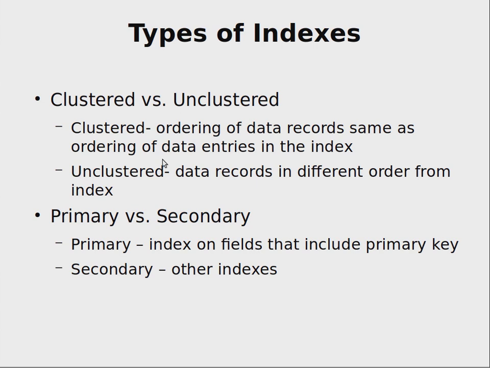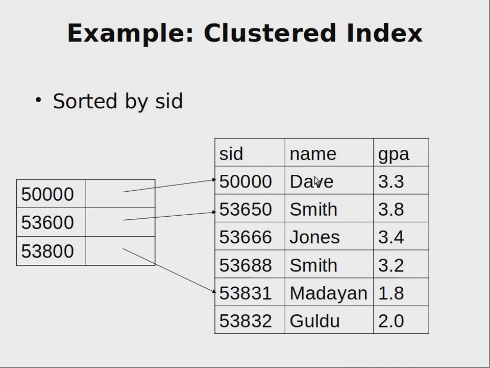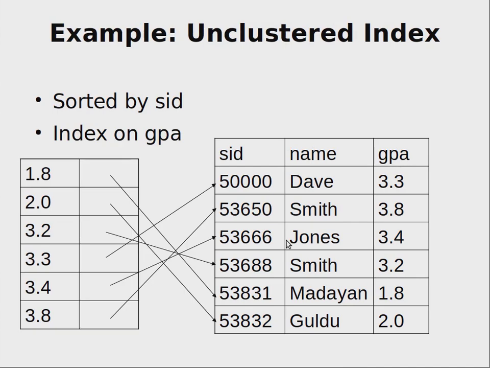And so there are different kinds of indexes. I described what a primary index is and what a secondary index is, and then there are different kinds of organizations of these indexes.